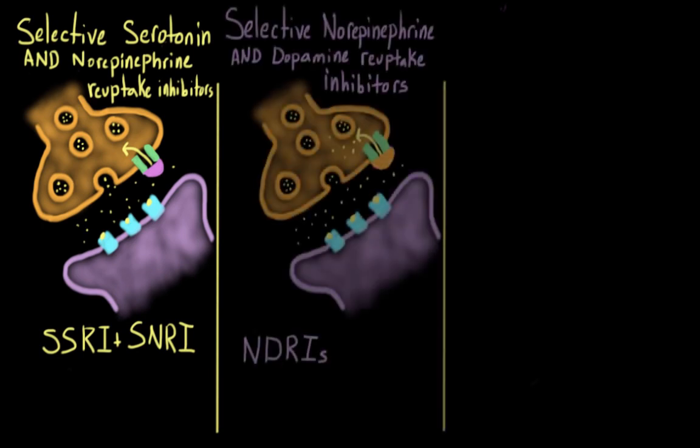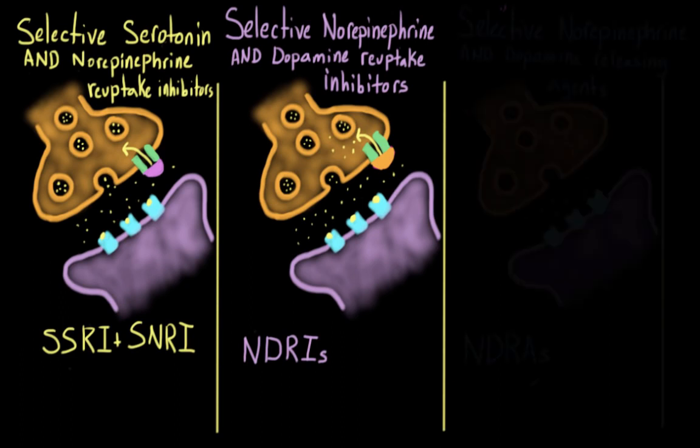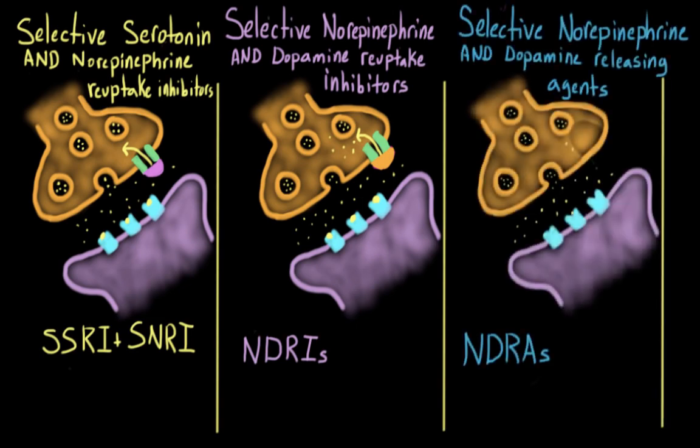Another new kind of antidepressants are NDRIs, norepinephrine and dopamine reuptake inhibitors, and also NDRAs, norepinephrine and dopamine releasing agents. So one blocks reuptake of norepinephrine and dopamine, and the other triggers additional release of norepinephrine and dopamine, but both result in an increase of these neurotransmitters in the synapse.